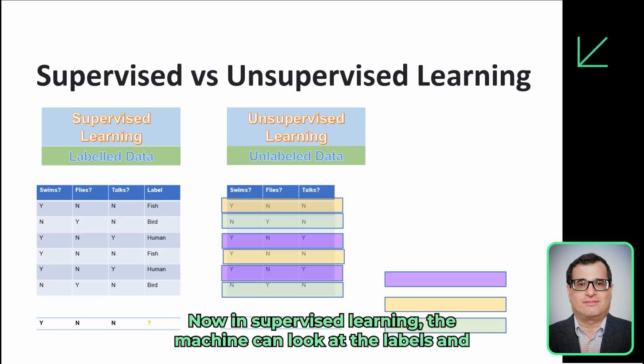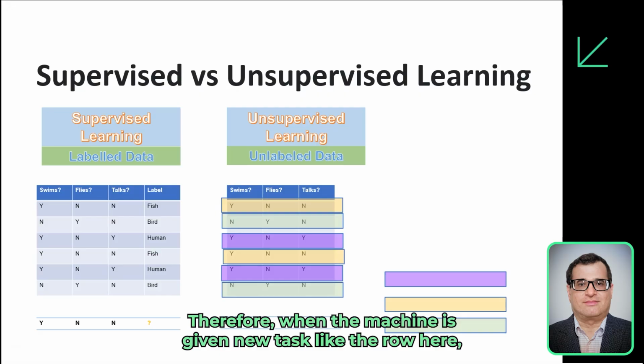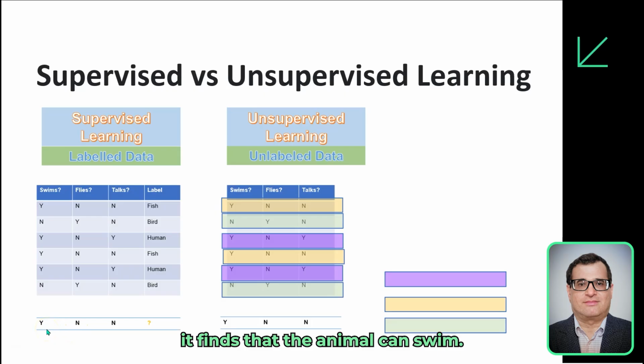It's a human. Now, in supervised learning, the machine can look at the labels and associate the labels to the features. Therefore, when the machine is given a new task, like the row here, it finds that the animal can swim, it cannot fly, it cannot talk.